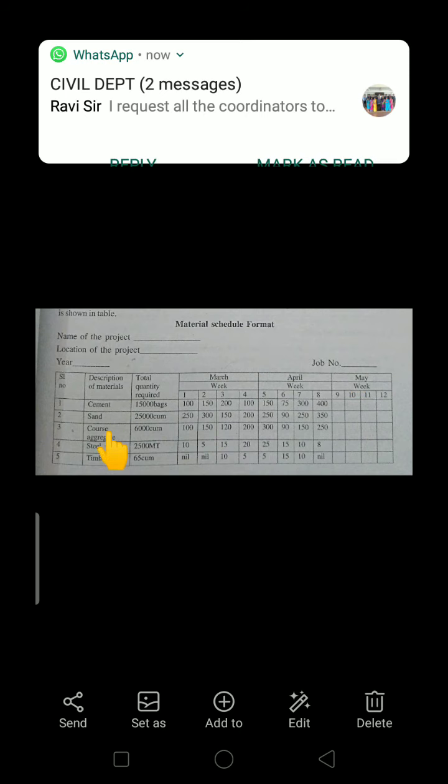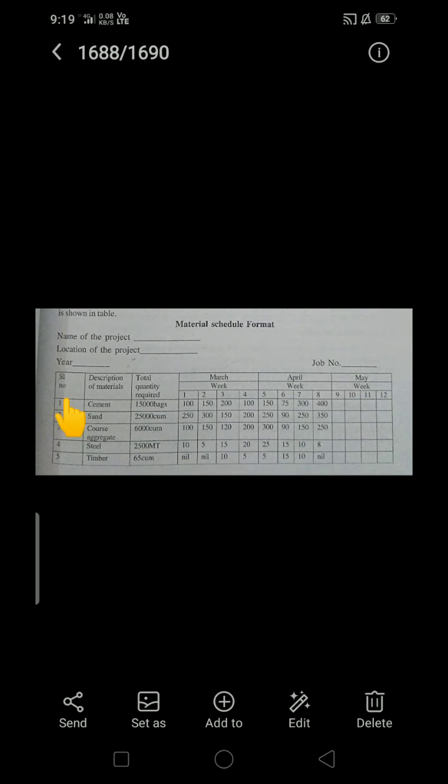In this table there is a serial number and a description of material. The materials required are cement, sand, coarse aggregate, steel and timber. These are the basic materials required to do any civil work.